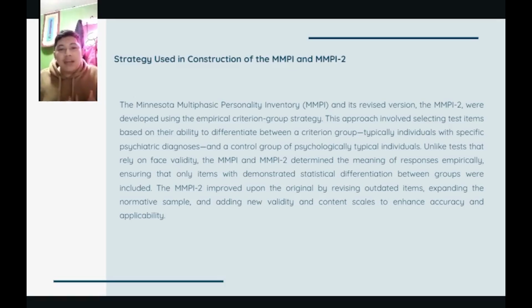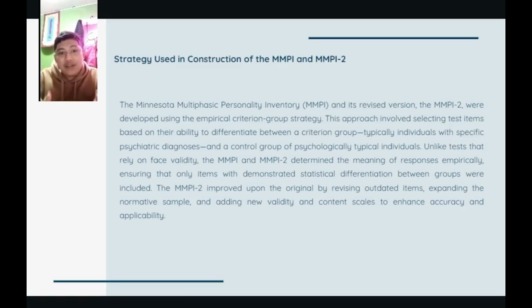So the Minnesota Multiphasic Personality Inventory, MMPI, and its revised version, the Minnesota Multiphasic Personality Inventory-2, were developed using the empirical criterion strategy. So this approach involved selecting test items based on their ability to differentiate between the criterion group, typically individuals with specific psychiatric diagnoses, and a control group of psychologically typical individuals.